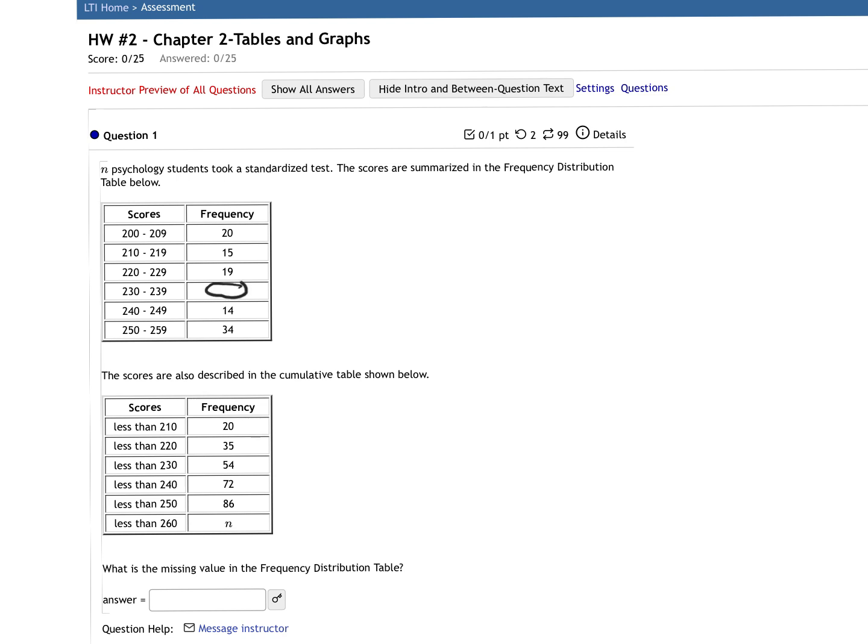So notice how these two tables correspond. Up to 209, 20. Then when you add these two together, you get this 35. Then when you add these two together, 35 plus 19 is 54. Now when you add that 54 plus X more, you get up to 72.